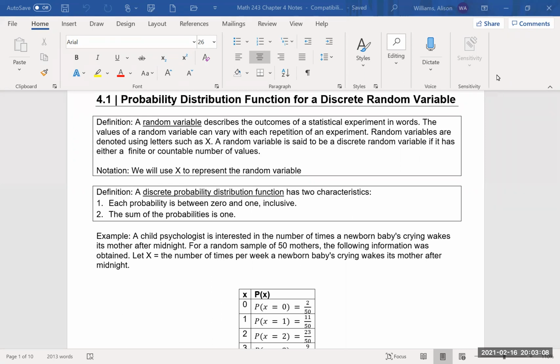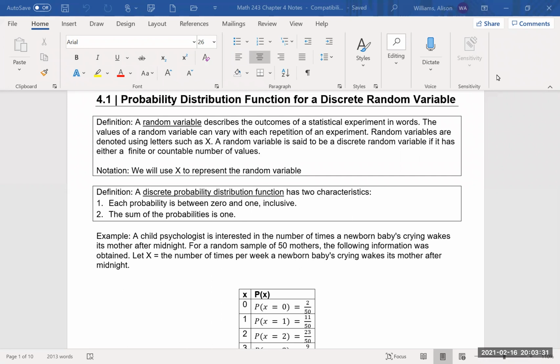The first makes sense. Probabilities are between 0 and 1 anyways, meaning it could be 0 or 1, and every other value falls in between. And then the sum of all the probabilities is 1, meaning it's going to account for every possibility and they'll total up to 1, like what we saw with sample spaces where it's all the possibilities.